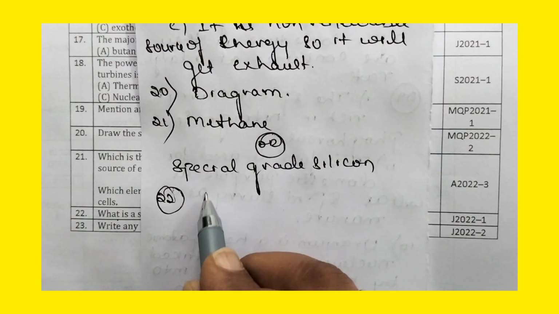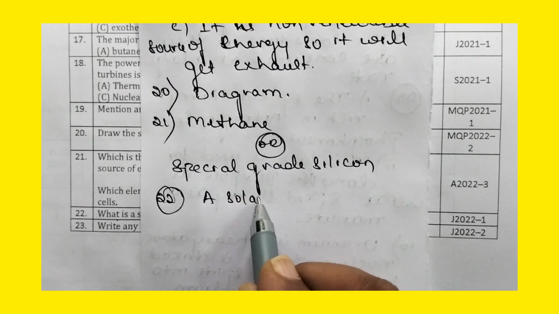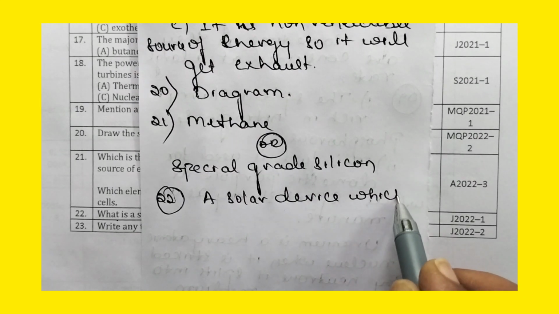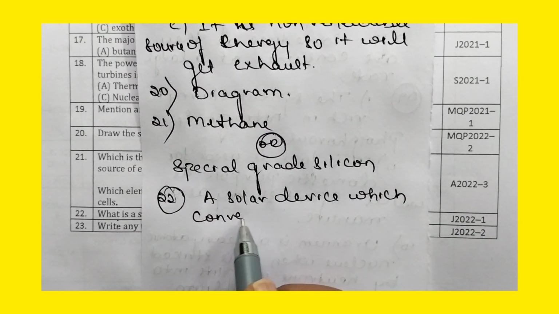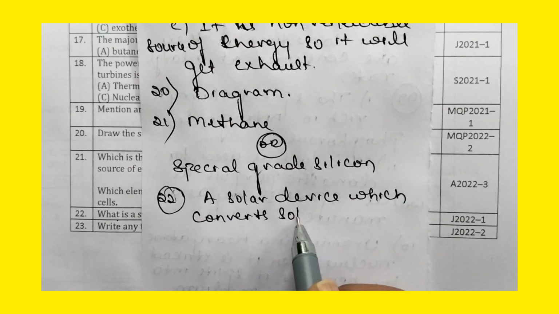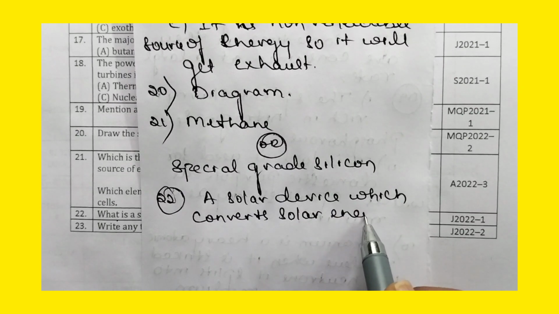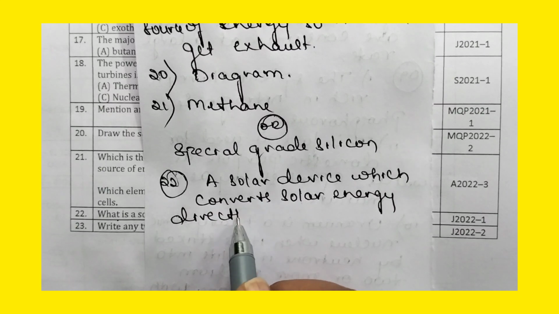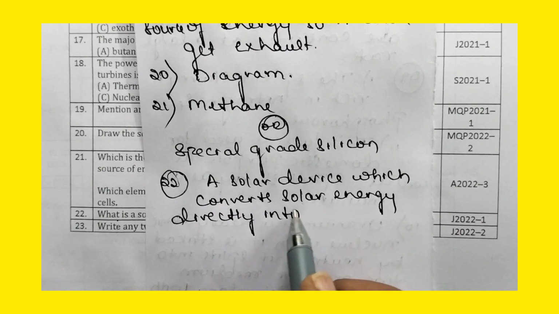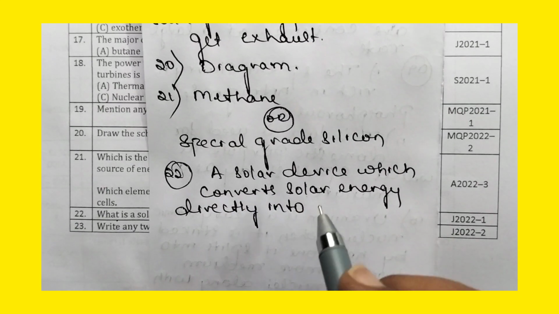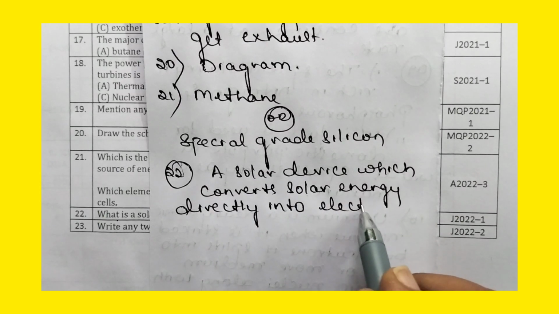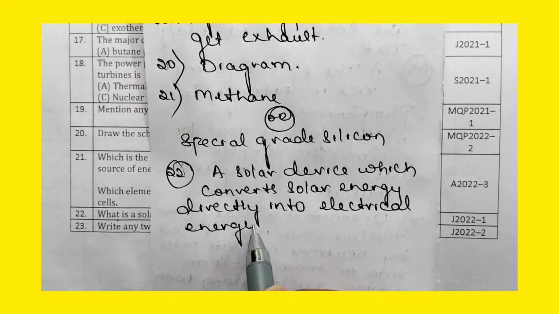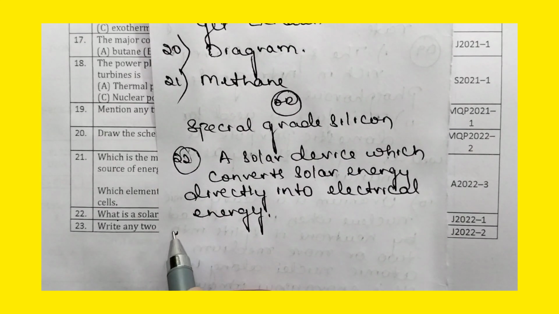A solar cell is a solar device which converts solar energy directly into electrical energy.